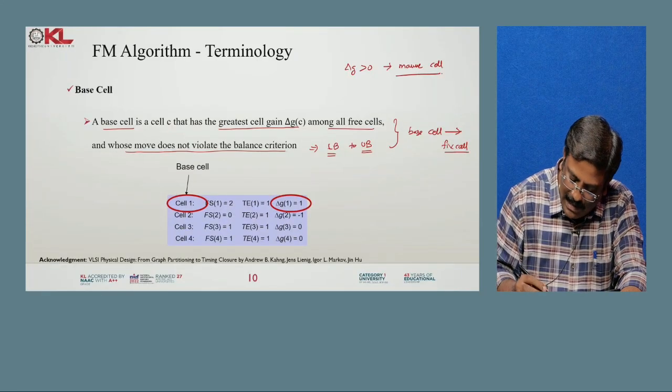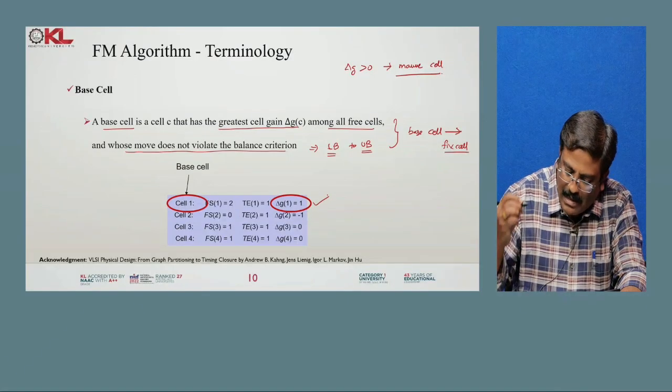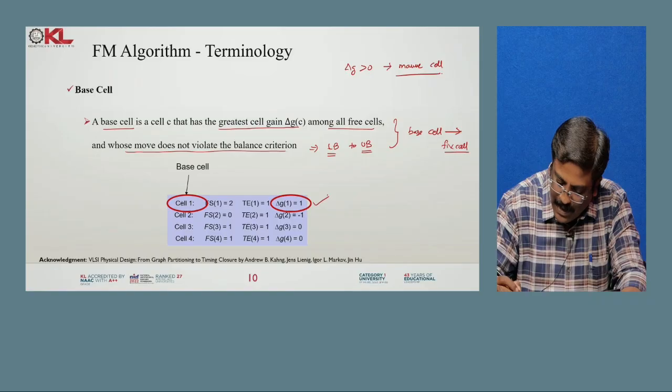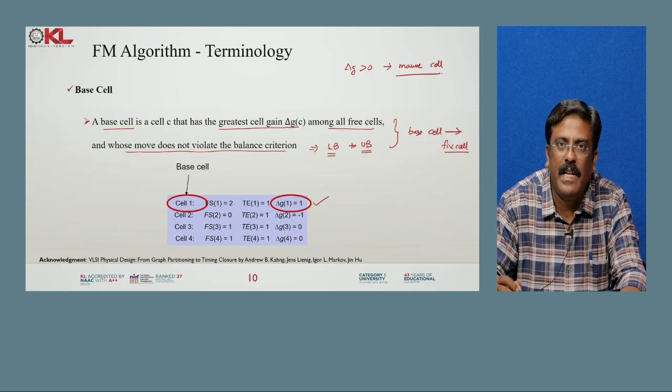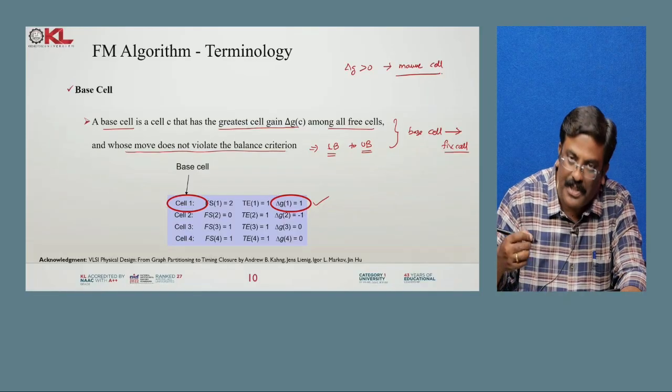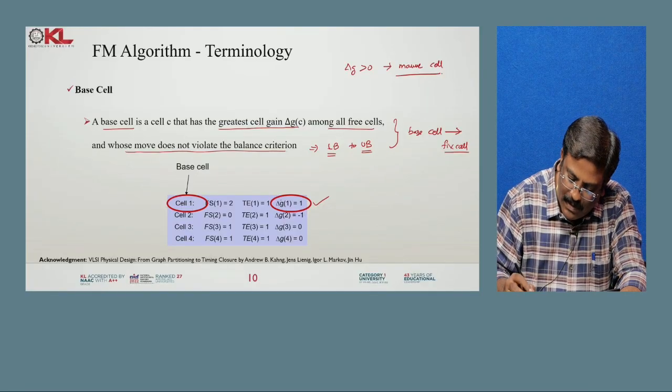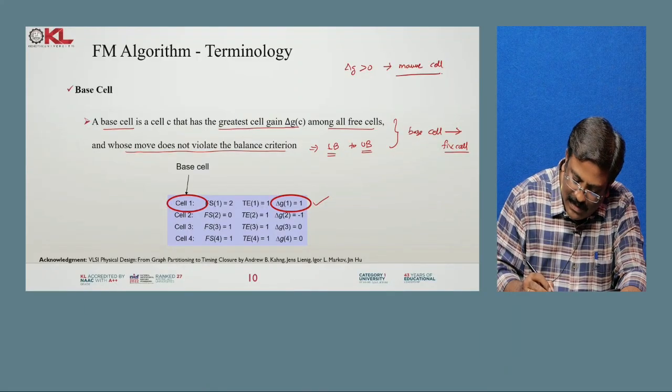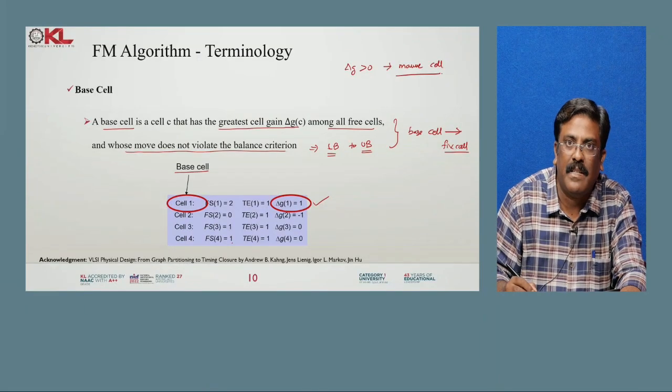As per the previous discussions, we have considered that your cell 1 is getting moved, and we are assuming that this cell 1 satisfies the balance criteria, which we will estimate later. For the discussion here, let me assume that cell 1 satisfies the balance criteria and is getting moved, so we call this particular cell the base cell.